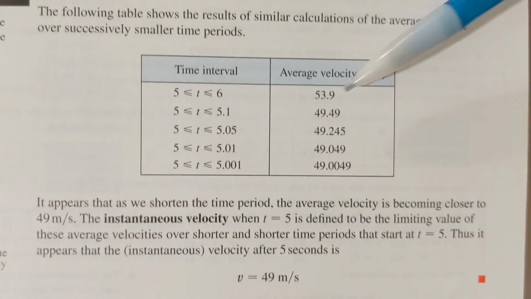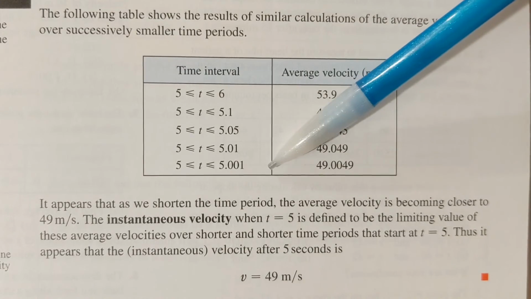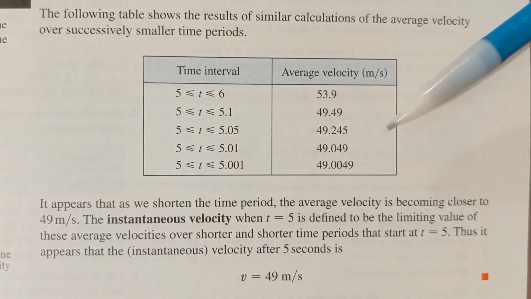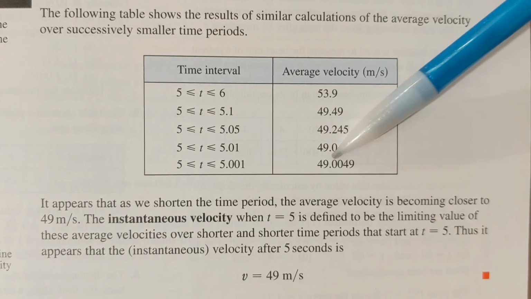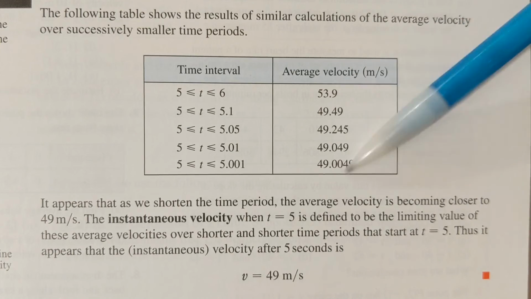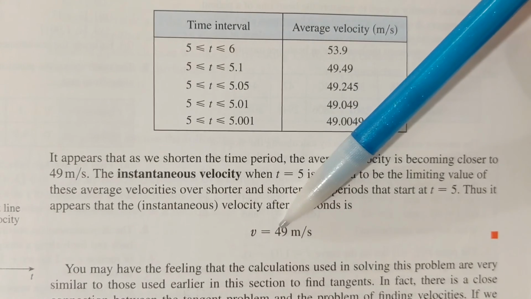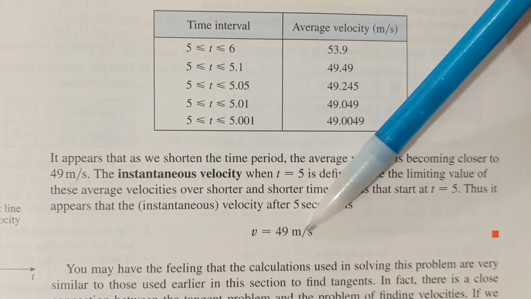From this table in this particular problem, it looks like the velocity of the ball at 5 seconds appears to be maybe 49 meters per second. Really, it looks like that's where the numbers are headed in this chart. So that would be our guess. The velocity is 49 meters per second.